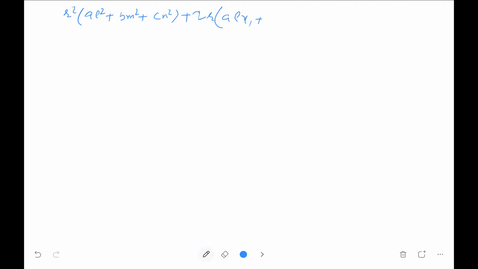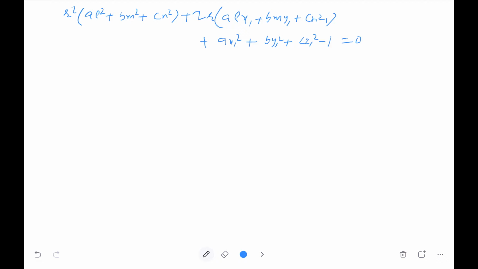We will get a quadratic in r: r square (al square plus bm square plus cn square), plus 2r (alx1 plus bmy1 plus cnz1), plus (ax1 square plus by1 square plus cz1 square minus 1) is equal to 0.